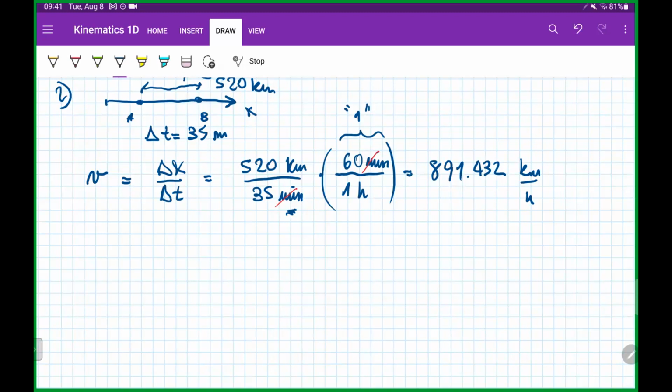Any doubts or questions about this? Because this is pretty useful when changing units. Sorry about the handwriting.